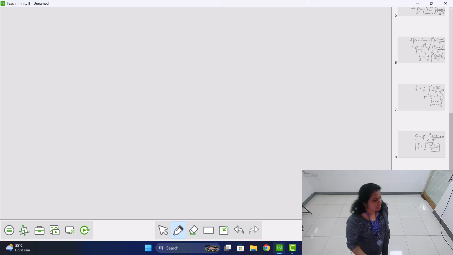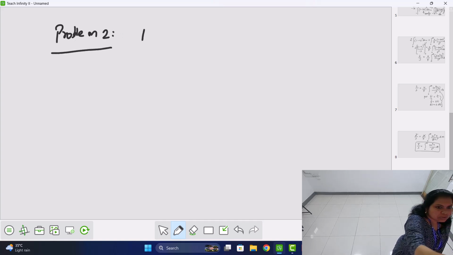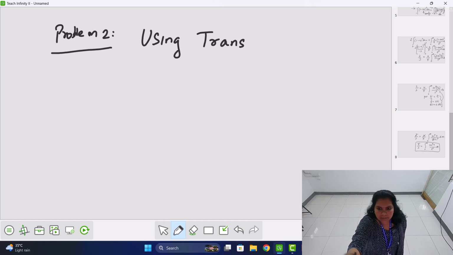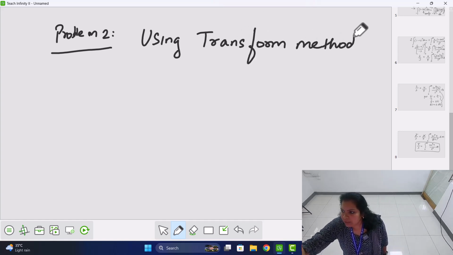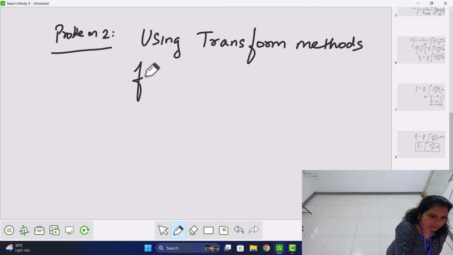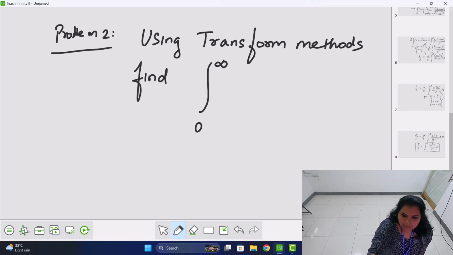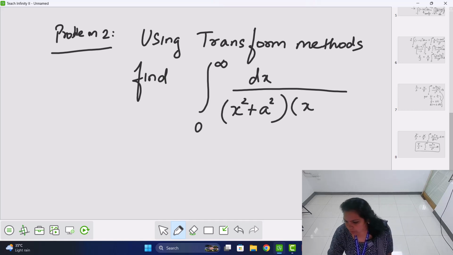Second one is problem 2. Using transforms method, find the integral 0 to infinity dx divided by (x square plus a square) into (x square plus b square).